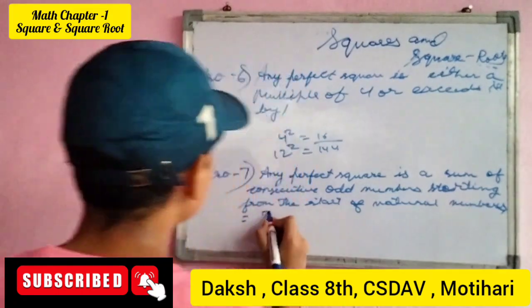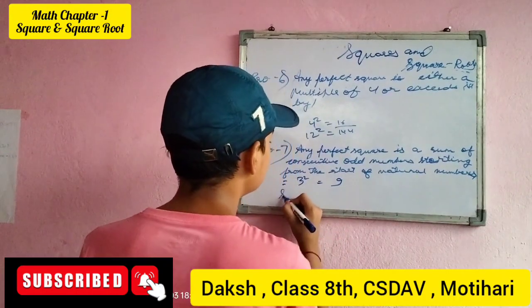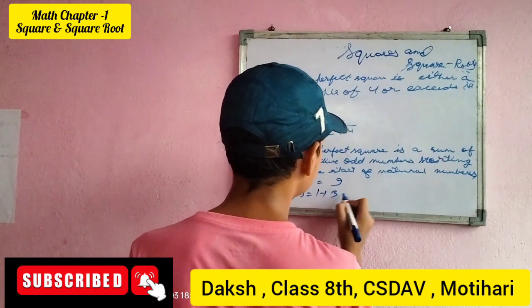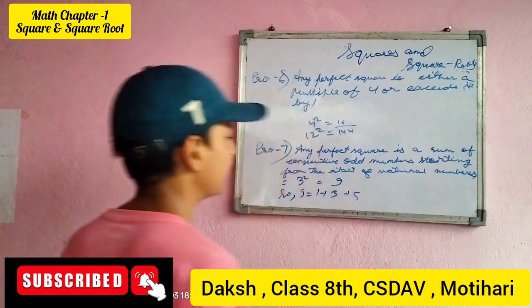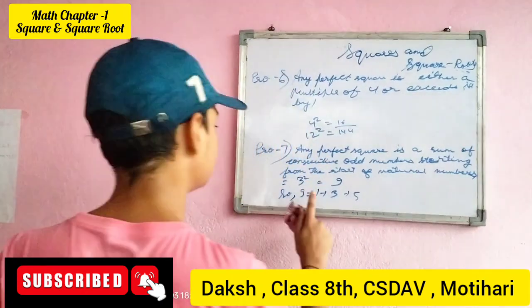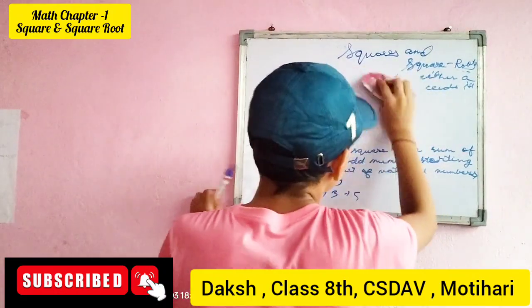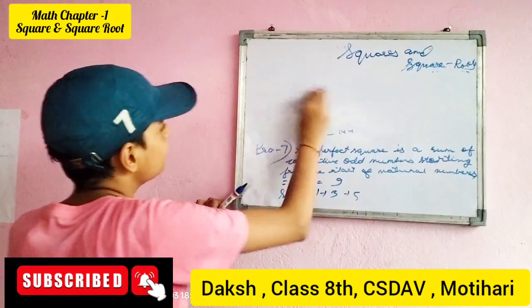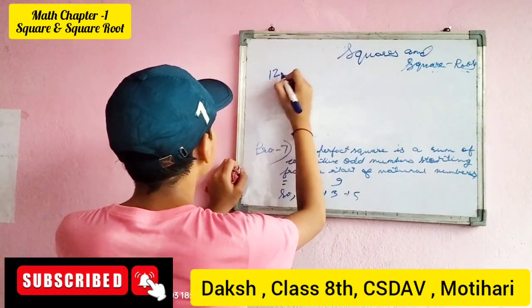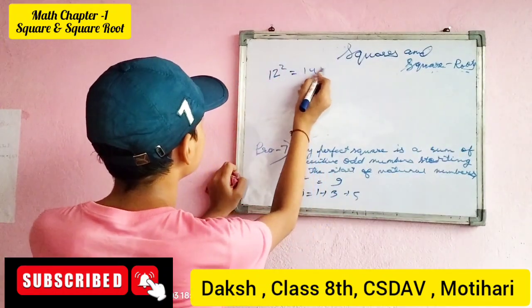Take for instance 3 square equals 9, which equals 1 plus 3 plus 5, and these numbers are consecutive odd numbers starting from 1. We can take many examples like this. I'm showing 2 or 3 examples. 12 square equals 144.